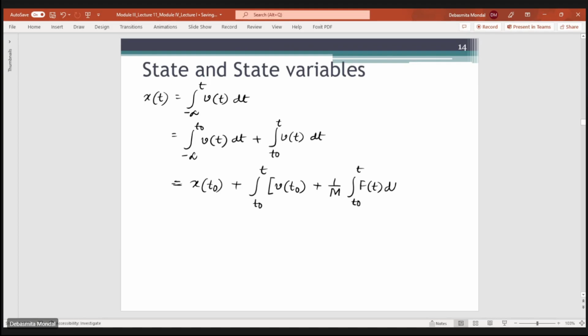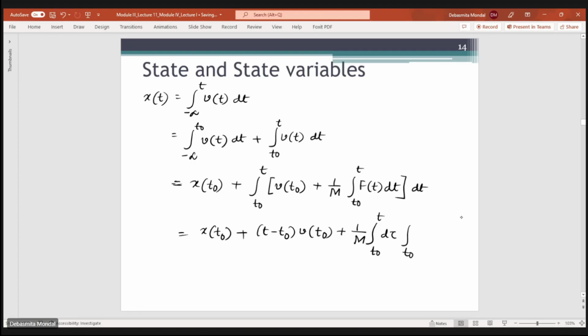So if you do the integration over here, you can write x(t0) plus, for this term, (t minus t0) into v(t0), plus you will have 1 by m, this double integral, t0 to t d tau and integral t0 to t f(t) dt.